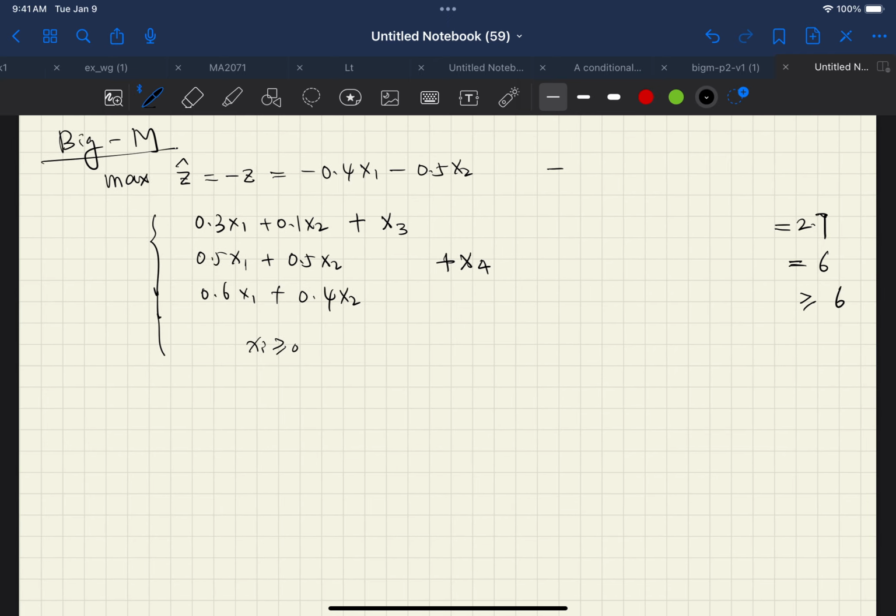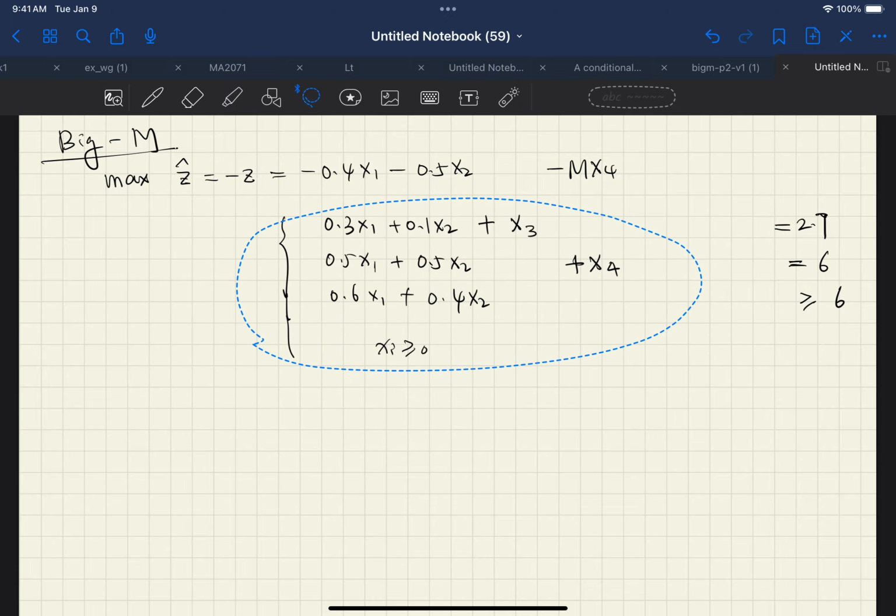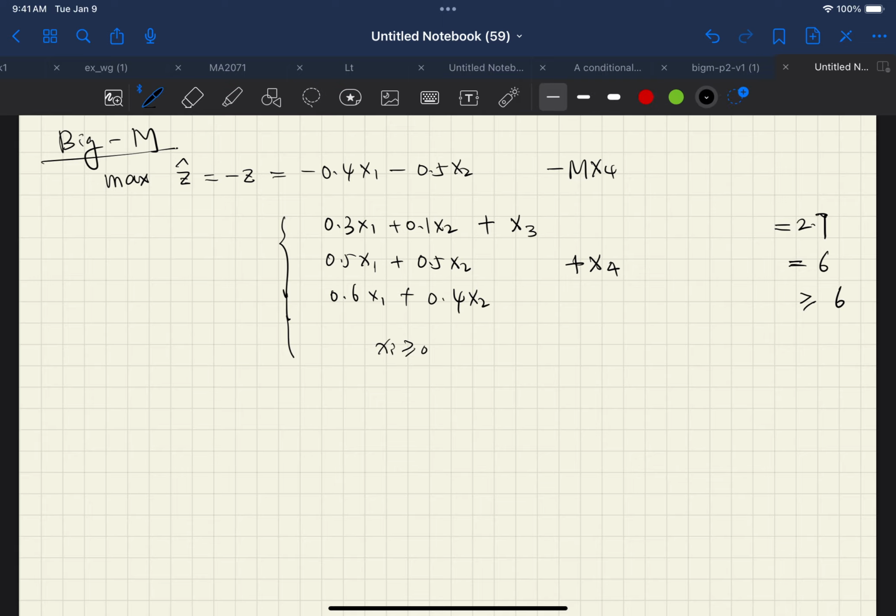So this is mx4. Here for the greater than or equal sign, we have an excess variable or slack variable again, x5 here. If you take this out, then of course we can put this as equality.